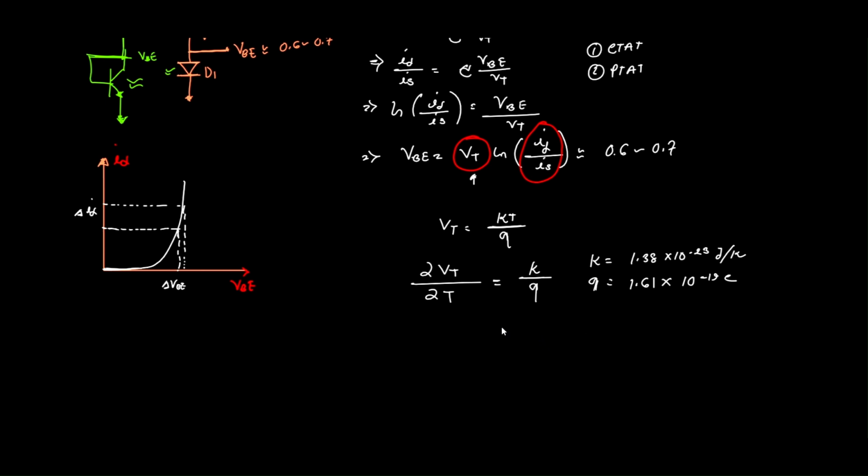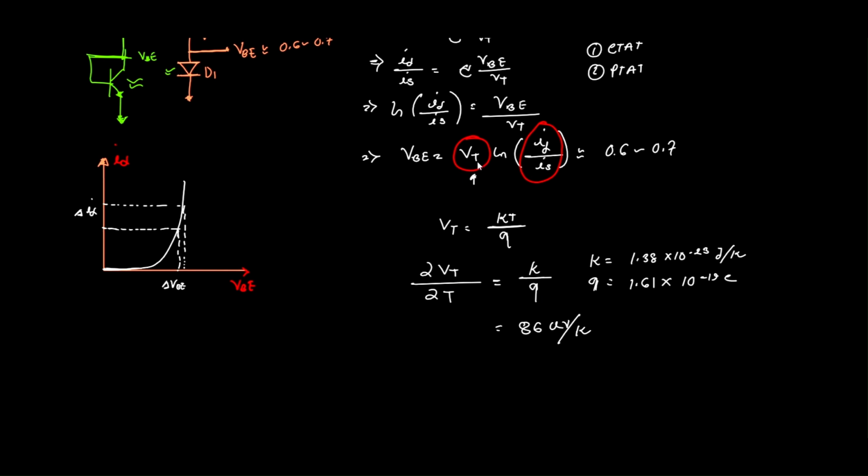So if we put these values, we can get the slope, which is approximately 86 microvolt per Kelvin, and the slope is positive.